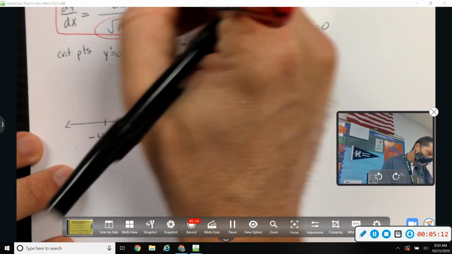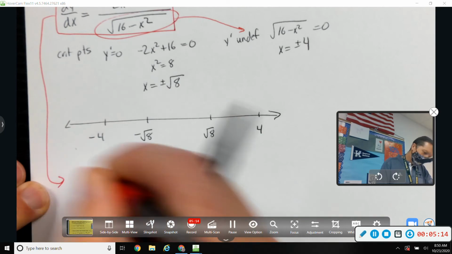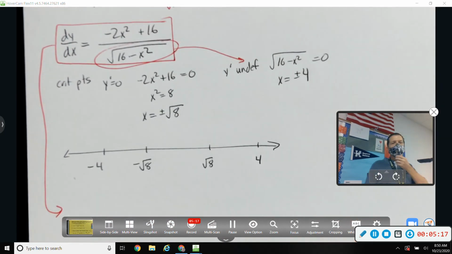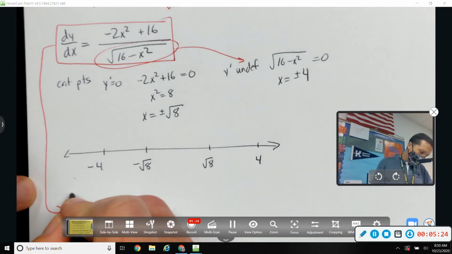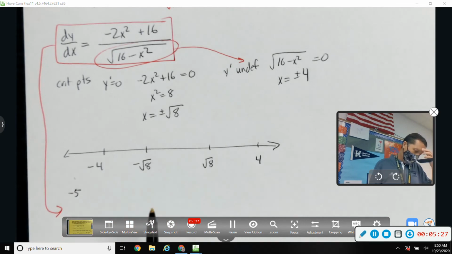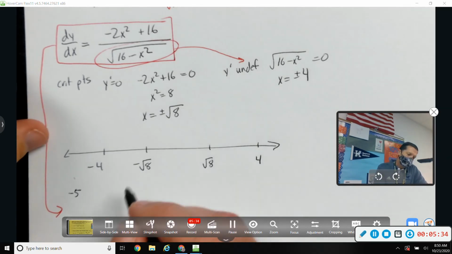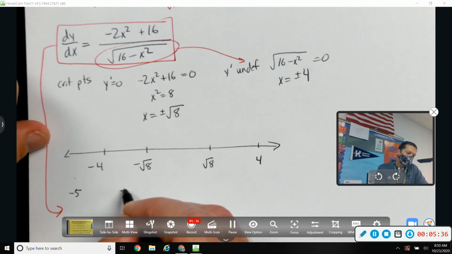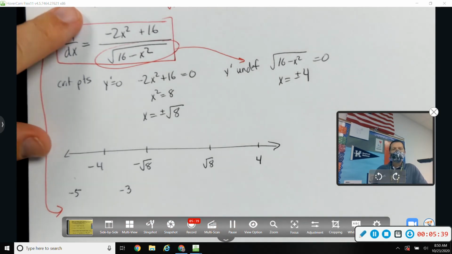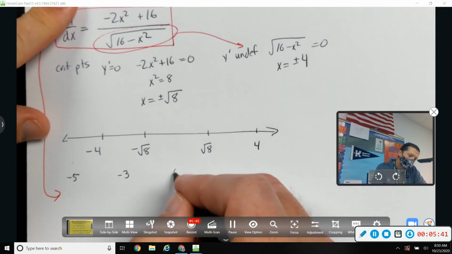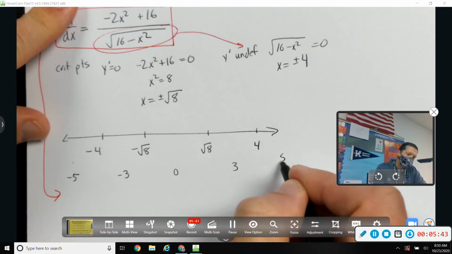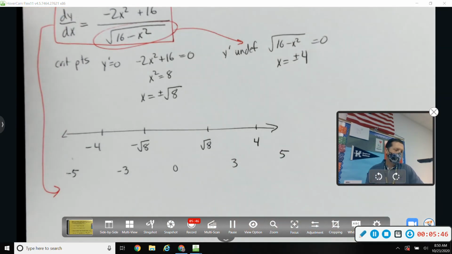And I have to test those into my derivative because the goal of this thing was to see where am I increasing, where am I decreasing. So let's try negative 5. Something between negative square root of 8 and negative 4. Negative square root of 8 is not quite to negative 3 yet, so we could use negative 3. And once we figure that out, it's easy on the other side because it's mirrored.